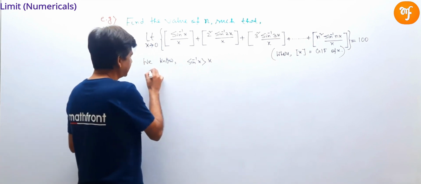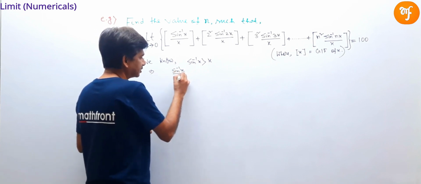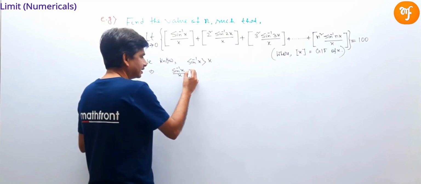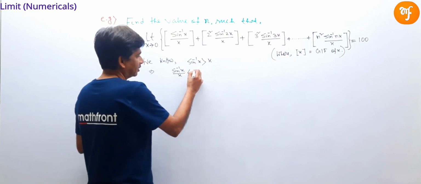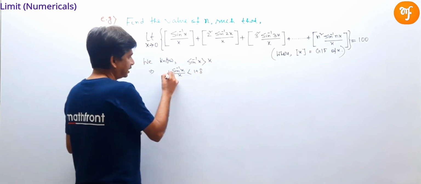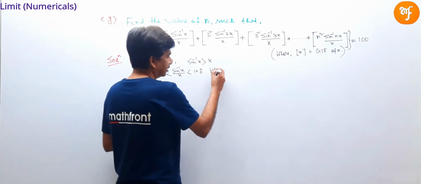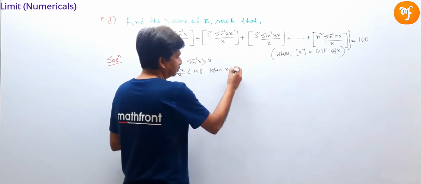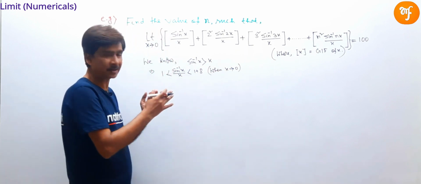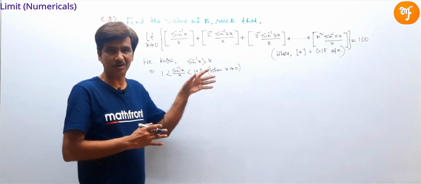So, definitely we can say sine inverse x by x is less than 1 plus delta, and it is greater than 1 when x tends to 0. Okay, clear? That means we can say limit x tends to 0, sine inverse x by x is equal to 1.